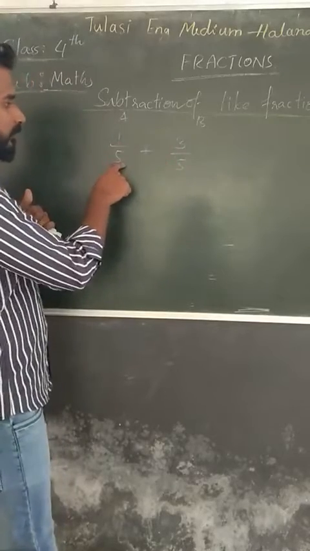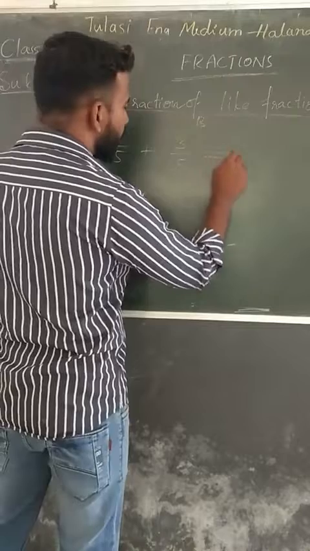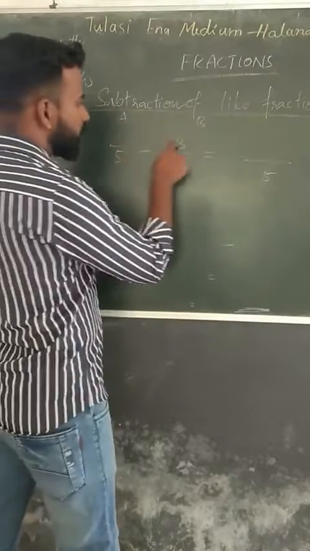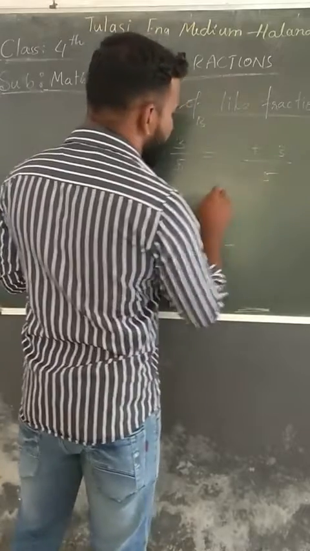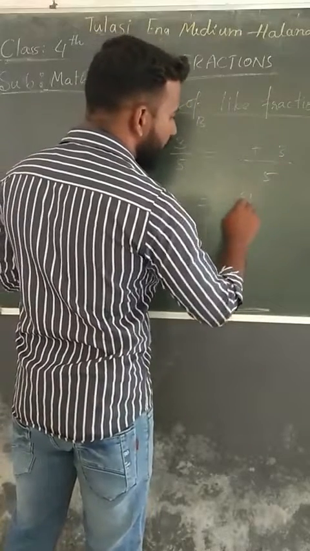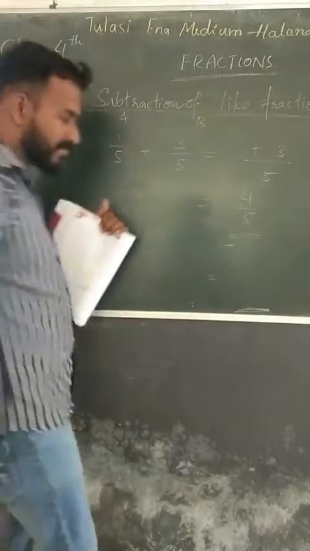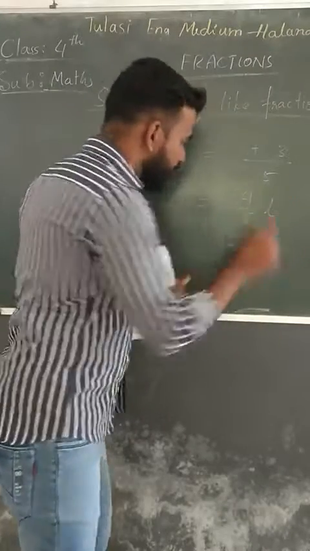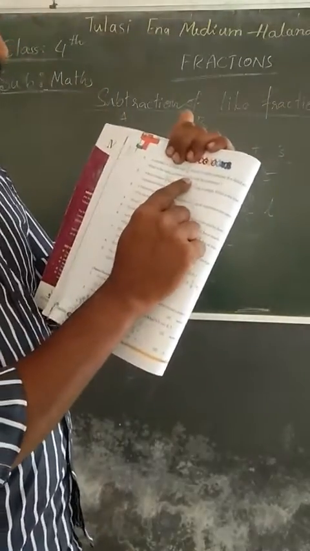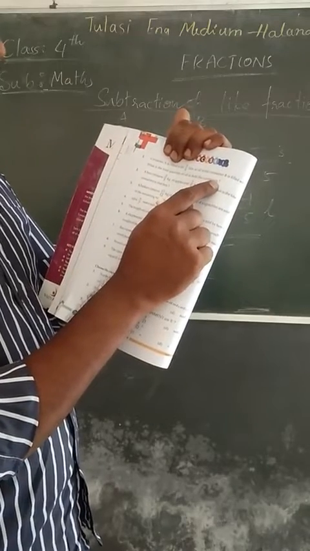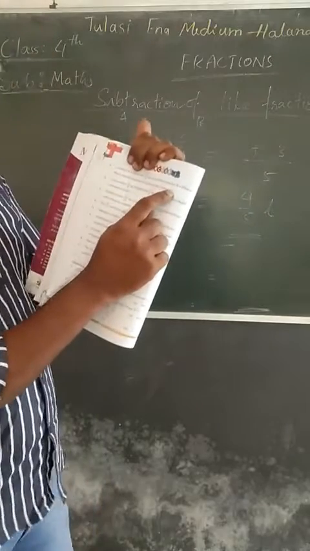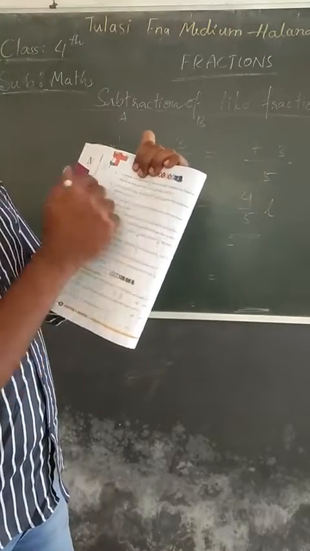Denominator same, common denominator. 1 plus 3 is 4. 4 by 5 will be the total quantity. You have to write in terms of liter, that's important. The total quantity of oil in both the containers is 4/5 liter.